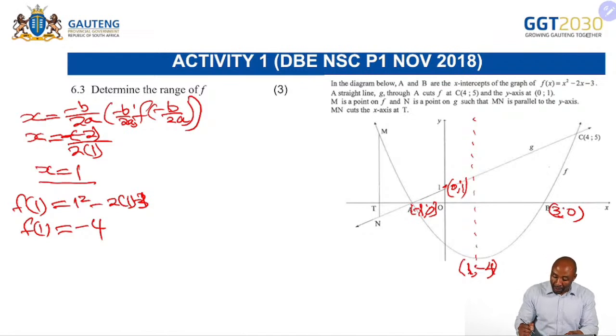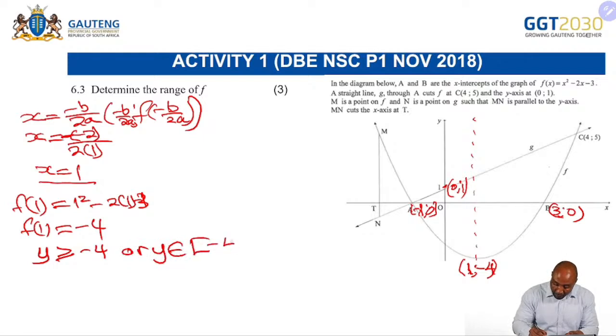And we said whatever we have as q at the turning point, we know that our graph is concave up, so it means this is the minimum point, so our y must be greater than or equal to -4, or y is an element from -4 to +infinity.